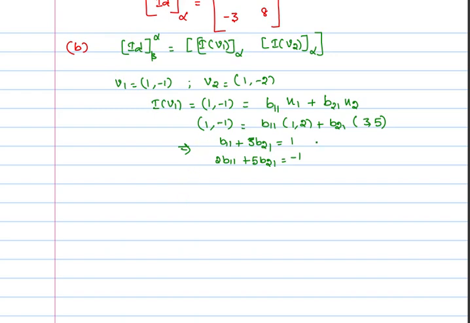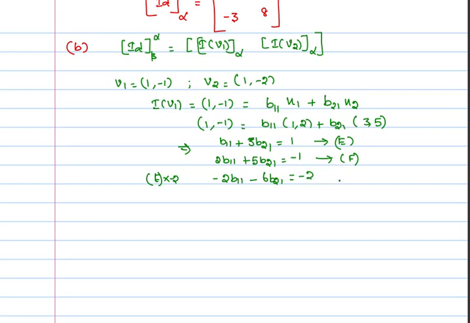D is already used, so I take this as E and the second one as F. The E equation is multiplied by minus 2, giving minus 2B11 minus 6B21 equals minus 2.